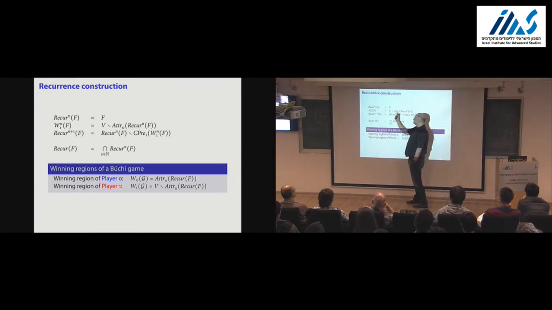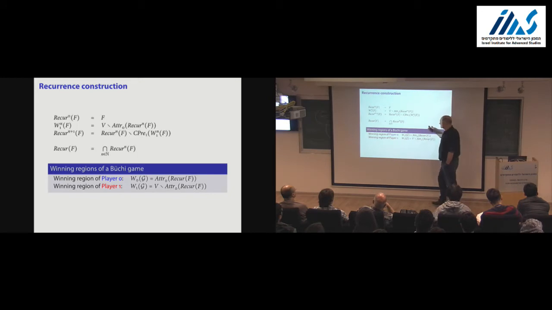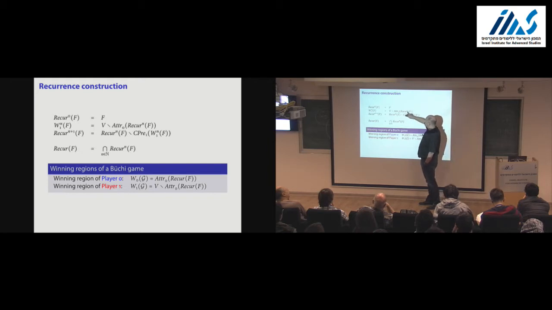Now, here we switch perspective and say, okay, let's take this set and even the attractor of it. So these are then the states where player 0 can reach a state that can come back at least n times.